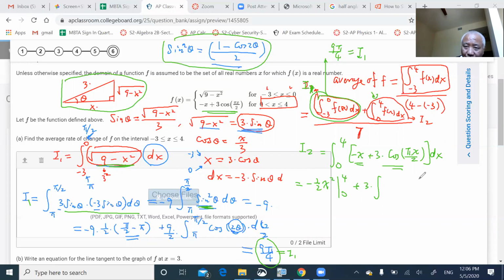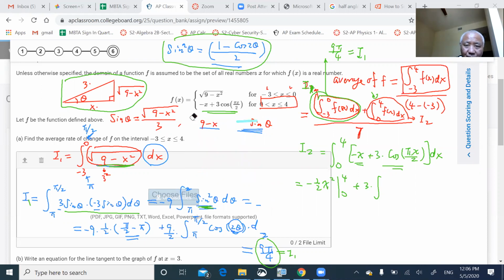Now when you do this integration, be careful here, we have to do some substitution now, okay? So I'm going to use some substitution. I'll put it here, okay? We do the substitution now here. When we do this substitution, we go by u equals pi over 2 x. So du equals what?